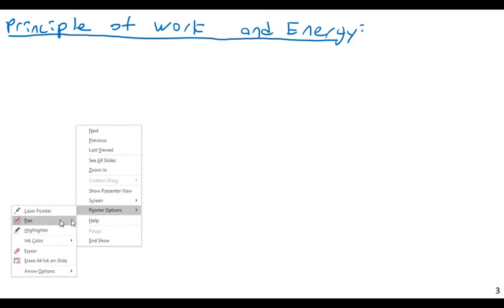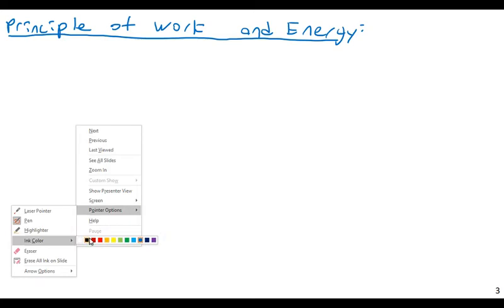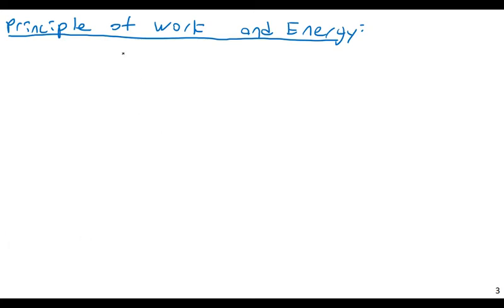So we're going to assume that the rigid body is made of many, many particles. All right? And so we know again that work and kinetic energy are scalar quantities. So not vectors.